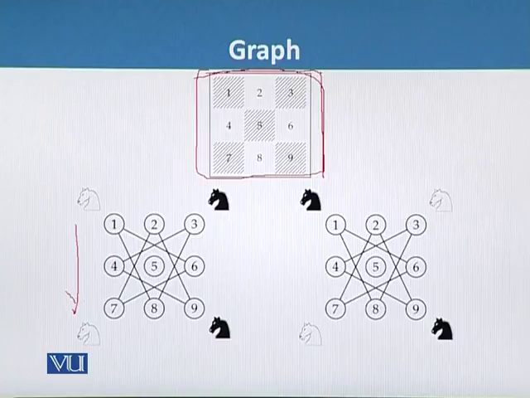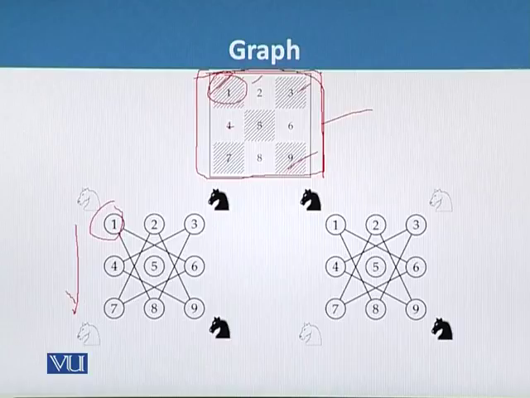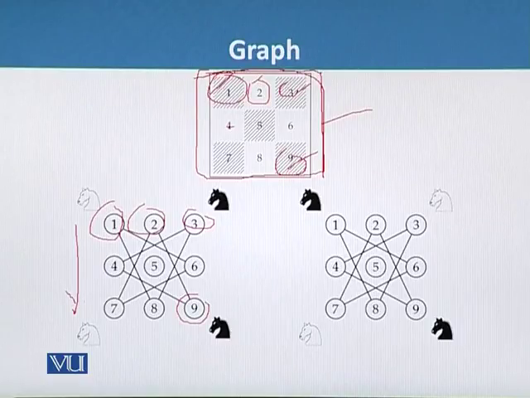In the 3x3 chessboard, this is the first block, second, third, and so on up to 9. The chessboard is represented in graph form in the same way. So this one is represented as a vertex here, the second one is represented here, the third one, and so on up to 9. Only the representation is changed and the form remains as such.